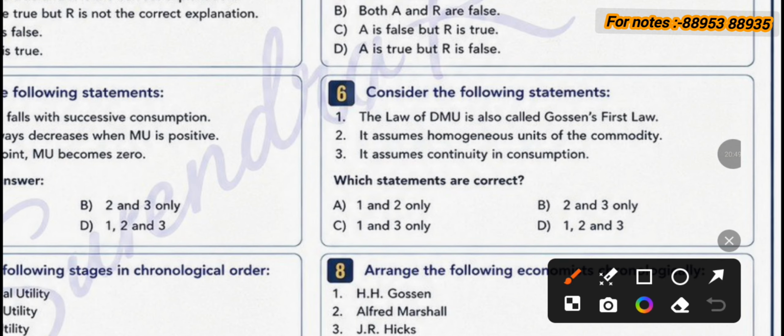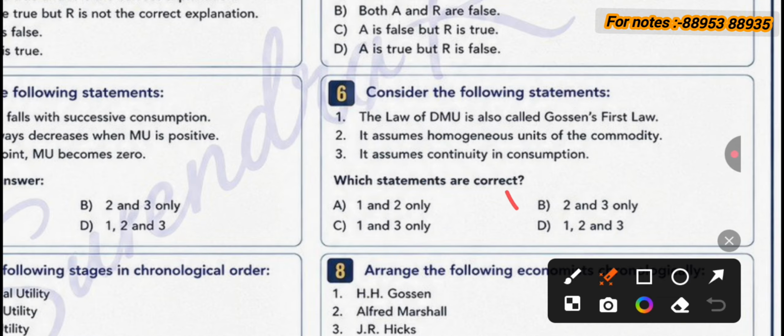Statement 1, the law of diminishing marginal utility is also called Gossen's first law. Statement 2, it assumes homogeneous units of the commodity. And statement 3, it assumes continuity in consumption. Which statements are correct? Option A, 1 and 2 only.